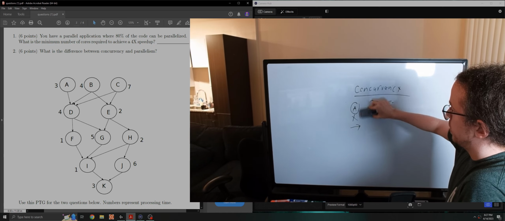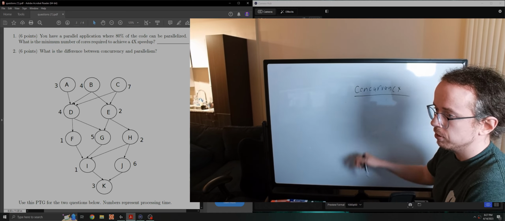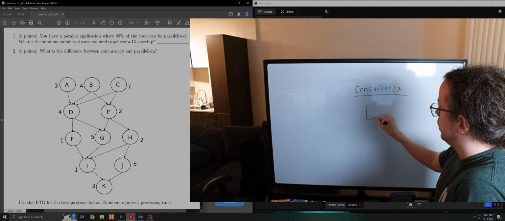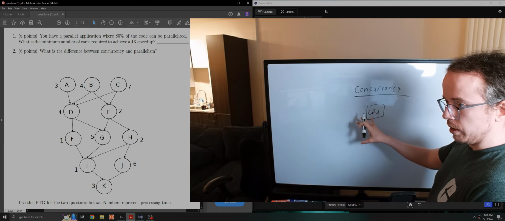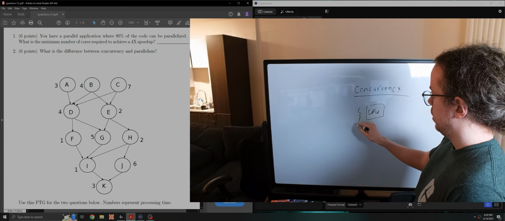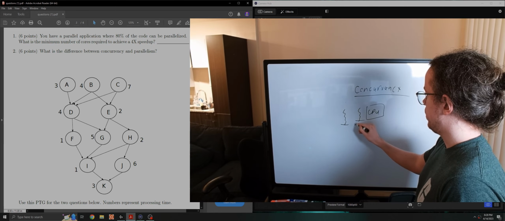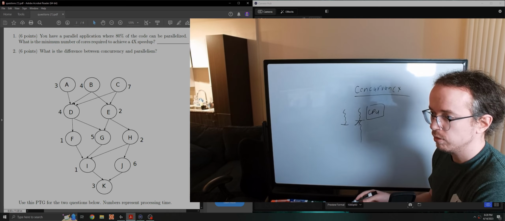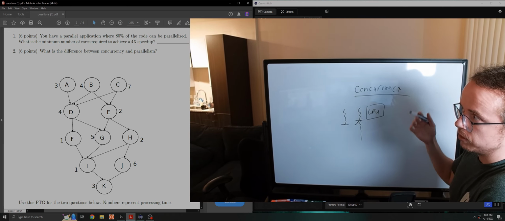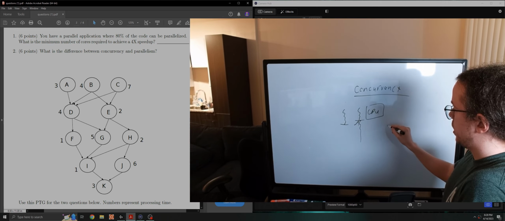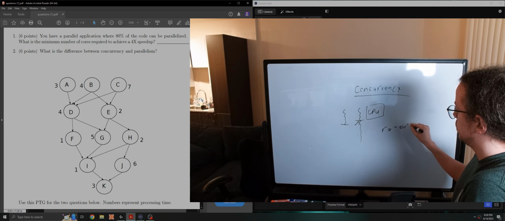The outcome will still be correct. So even if you have a single core CPU, you can still be concurrent. You can have tasks, take a break, move to another task, take a break, come back to this task, and have it be concurrent. In terms of code, a lot of times that's related to this idea of re-entrance.